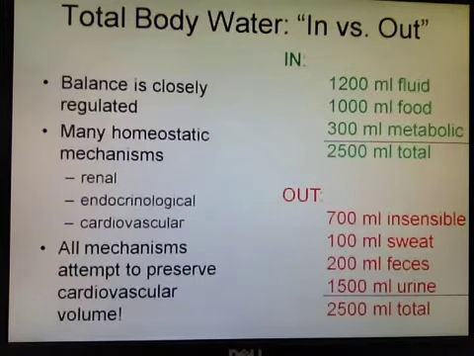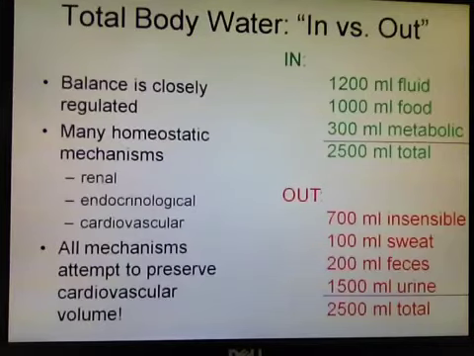The balance of body water is very closely regulated by many homeostatic mechanisms, including those associated with the kidneys, the endocrinological pathways, and the cardiovascular reflexes. All of these and others attempt to preserve cardiovascular volume and therefore blood pressure.